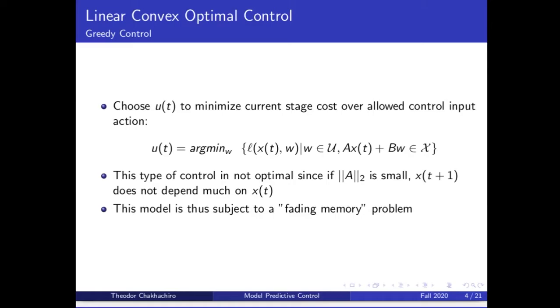This type of control is not optimal since if the norm of A is small, x of t plus 1 does not depend much on x of t, and we call this a feigning memory problem, which has its disadvantages because the previous state does not really affect the future state, which is really bad in some cases.